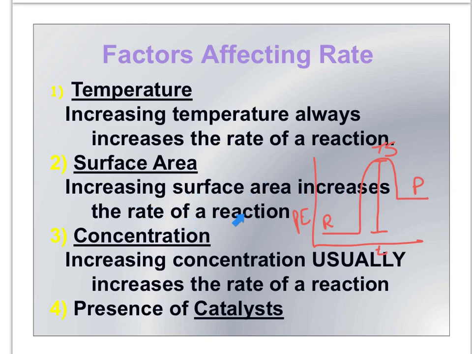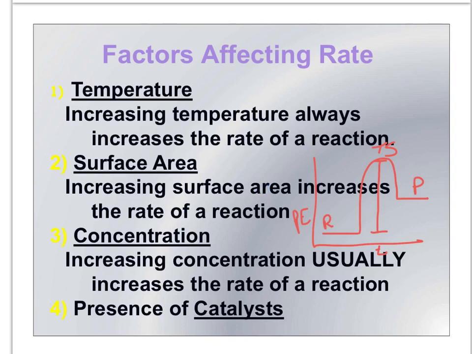Let's think about why that is in terms of collision theory. So again, collision theory says that for a reaction to happen, you have to have an effective collision, which means correct orientation and enough kinetic energy. Well, if you have a lot of surface area, that means a lot of your particles are exposed to the surface and they're able to collide, and so they can collide faster and therefore cause a faster chemical reaction.